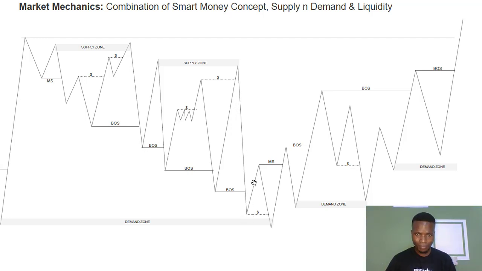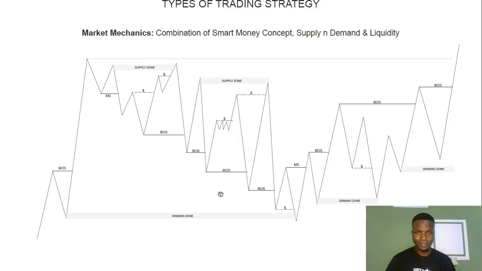And as you can see, when the buyers are in control of the market, you know that we have a demand zone being created around here. And you can see right now that the sellers have been selling downward.